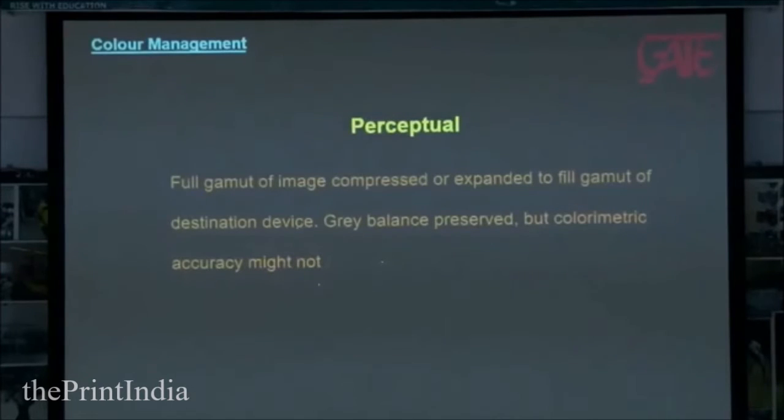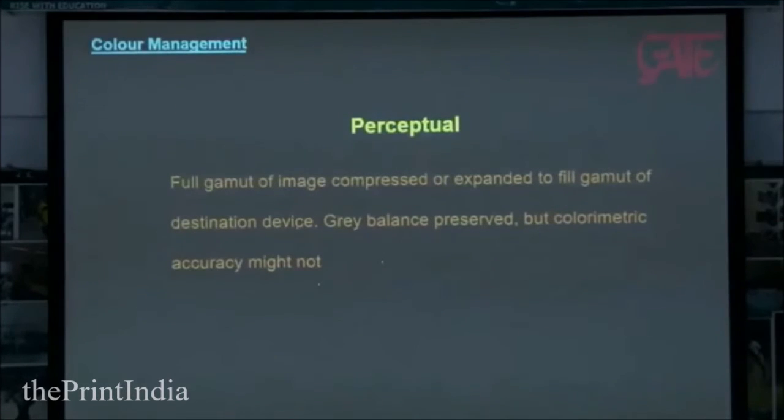So when you compress the color to suit your printing conditions, how you compress is important. One is called perceptual compression. In this, all the colors are compressed to fit within your ink and paper. Paper is the lightest color, solid ink is the darkest color.